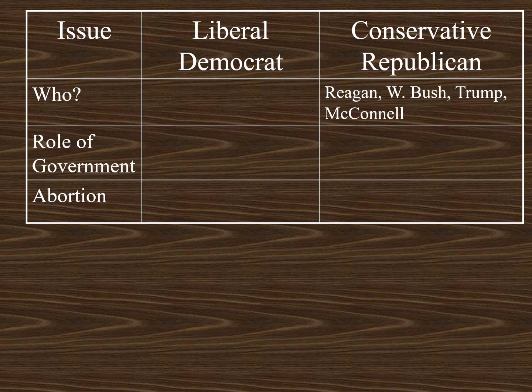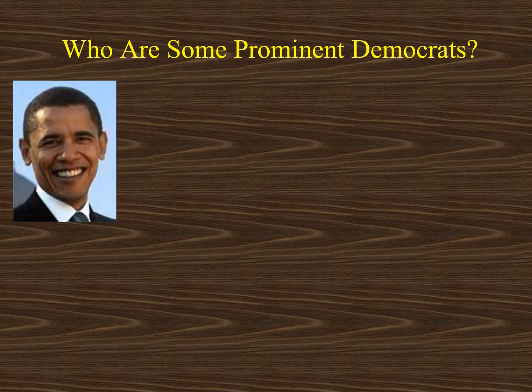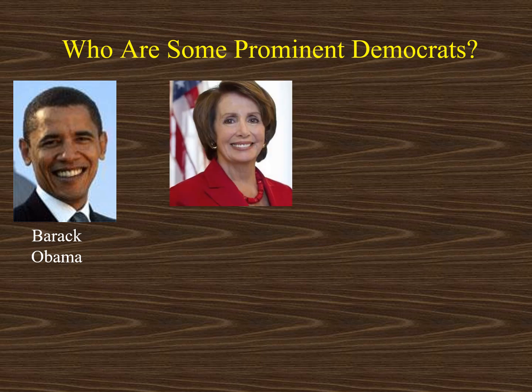We'll explore the Democrats next. On this slide, I'd like to identify some prominent Democrats. First, we see Barack Obama, who served as president from 2009 to 2017. Next, there's Nancy Pelosi. At one point, she served as Speaker of the House. She is the highest ranking woman ever in the United States government.